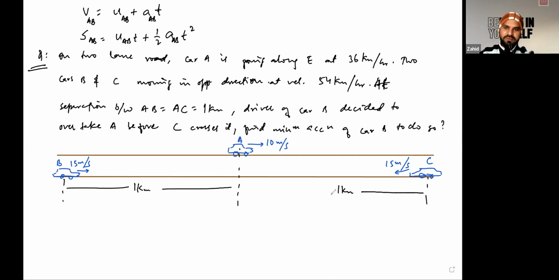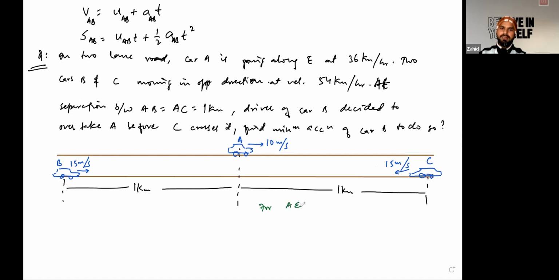So the driver of car B decided to overtake car A before C crosses it. So how to start with it? First, try to find in what time car A and C will cross each other. So let's start with the A and C part first.